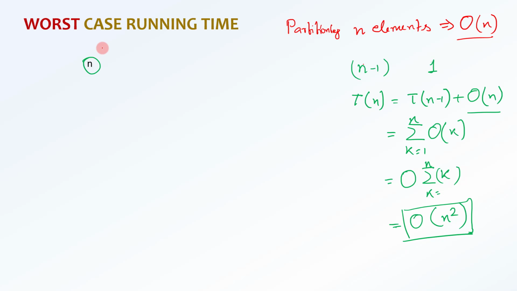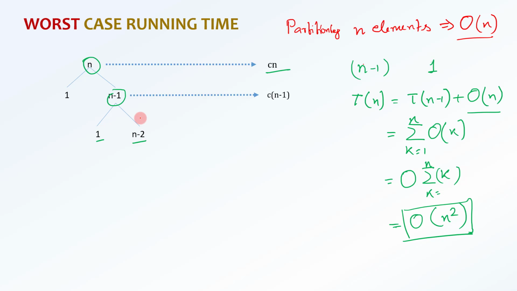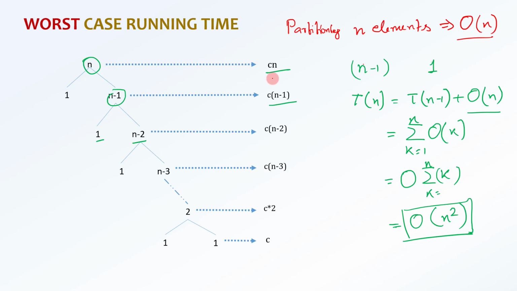Here initially we have n elements, and after the first iteration it will be partitioned into one element and n minus 1 elements. For that we require cn comparisons. Then again the n minus 1 elements will break into one element and n minus 2 elements, and that also requires c times n minus 1 comparisons. In this way, the recursion tree ultimately breaks down to single elements.